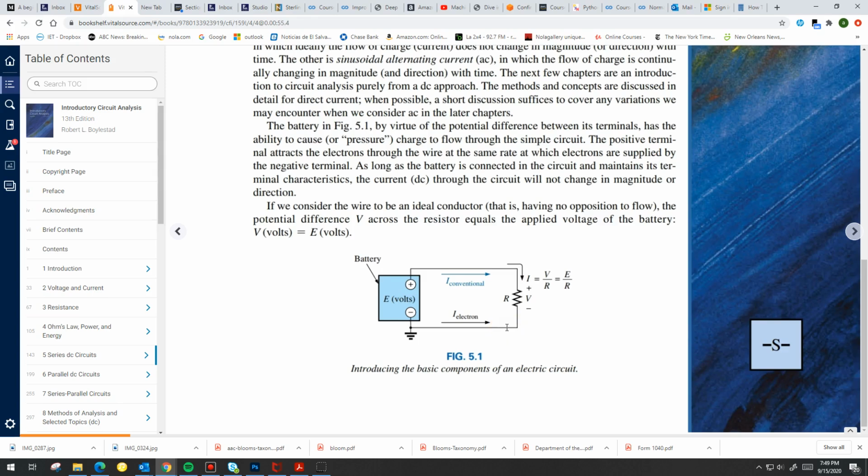We assume the wire has ideal zero resistance, so the voltage supplied by the battery is exactly the same voltage you see across this resistance. This voltage at the battery is exactly the same voltage across the resistance.